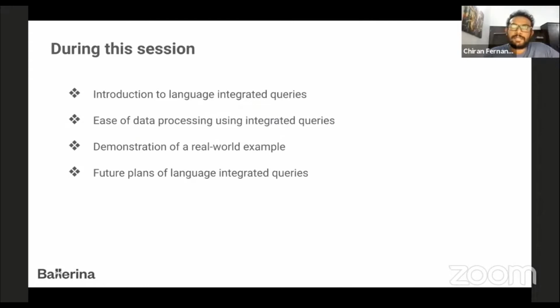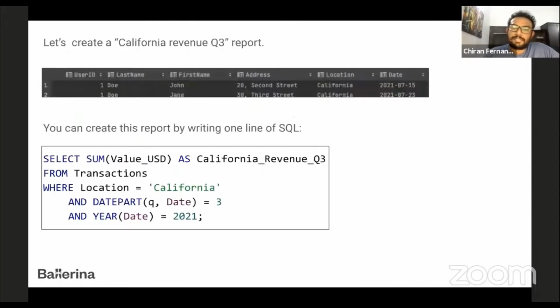To begin with, let's talk a little bit about SQL. SQL has been there for more than 43 years, and we still use it immensely. Being declarative and simple are among the many reasons for this. Let's take an example. Let's assume we have to create a report for revenue for Q3 in a specific location.